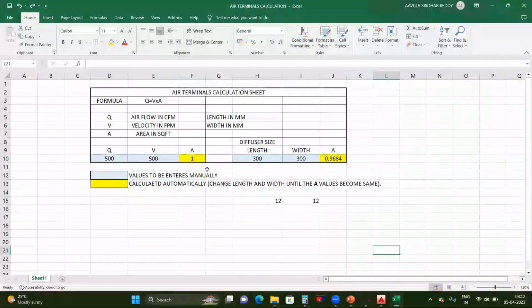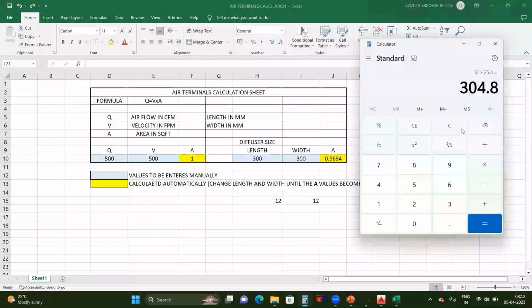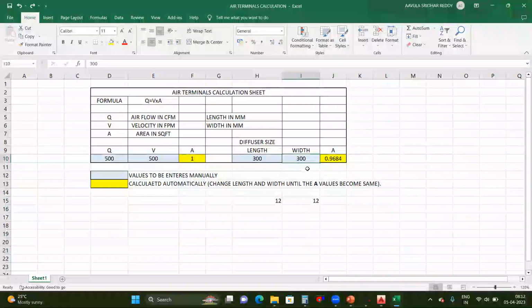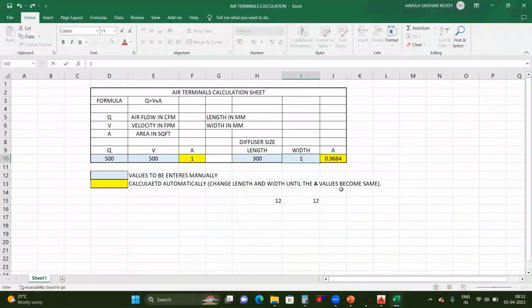So here we don't need to change anything. So the height is 4 inch. When we convert this to millimeters, 25.4, it is 101.6. So I will write in the place of height 101, so I will write 100.